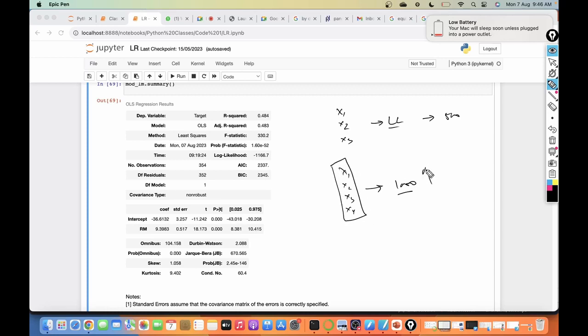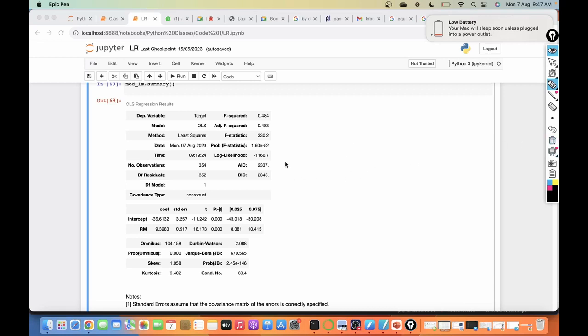The log likelihood value should be high, always remember this, and we will use the model where the log likelihood value is very high, maybe for x1, x2, x3 or x1, x2, x3, x4.